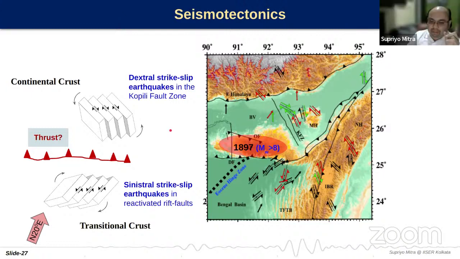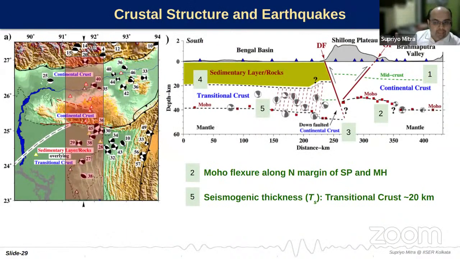But the only way that we can track the thrust is by looking at the long-term convergence and the offset that we see from the structure. And that is what I'm going to do. Before I do that, let me quickly summarize what I've told you. I've put these numbers 1, 2, 3, 4, and 5. Number 1 is you have continental crust underneath the Shillong Plateau and the Brahmaputra Valley. Number 2, you have a flexure north of the Shillong Plateau, and that flexure is because of the flexure of the Indian plate.